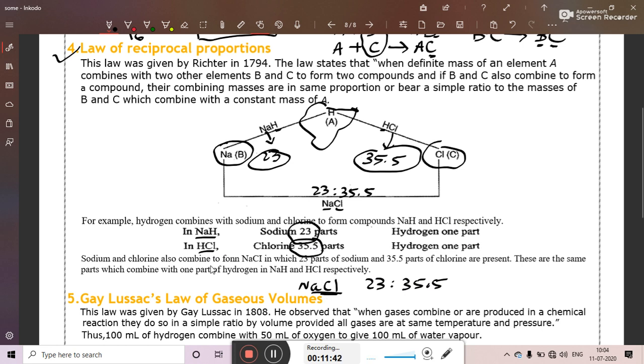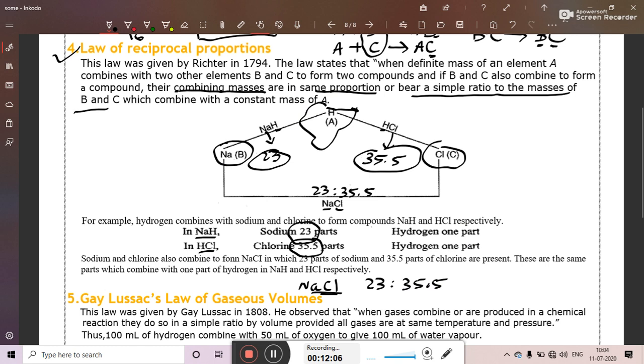So that means that the combining masses of B and C are in the same proportion, either in the same proportion like here, or in some cases they bear a simple ratio to the mass of B and C which combine with a constant mass of A.